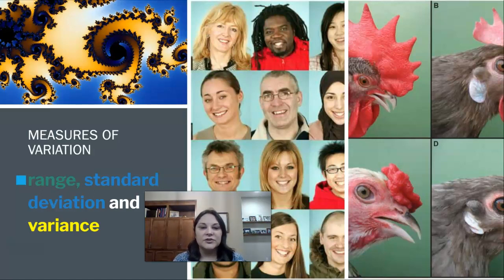So when I show this graphic, you see people, and I can use the word vary to say the width of their smiles varies, the length of their hair varies, the size of their eyes varies, right? When you look at these roosters, whatever that red thing's called, varies.